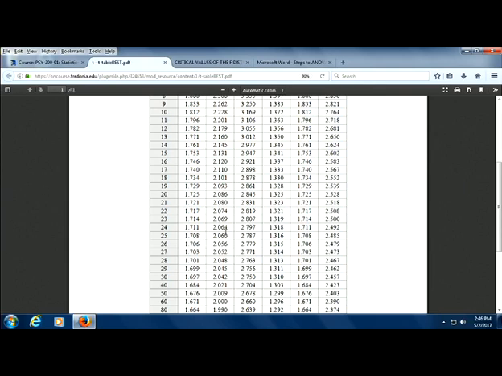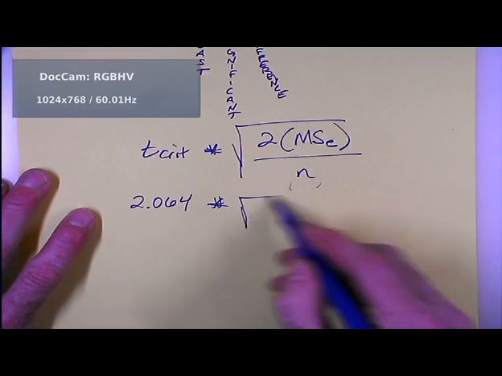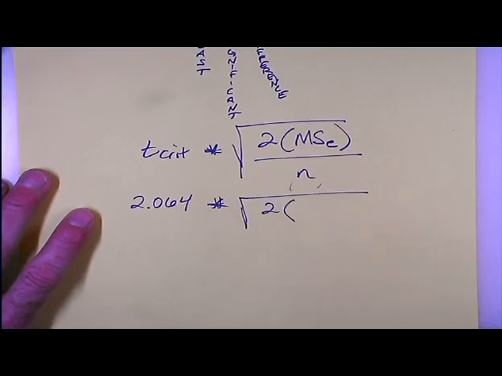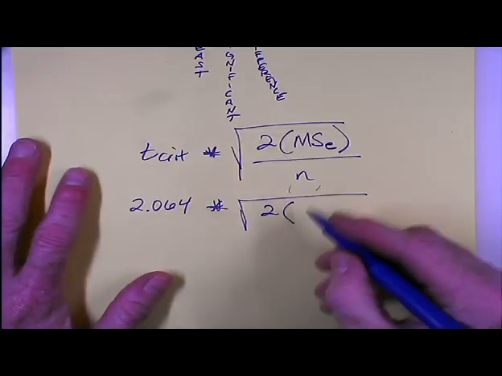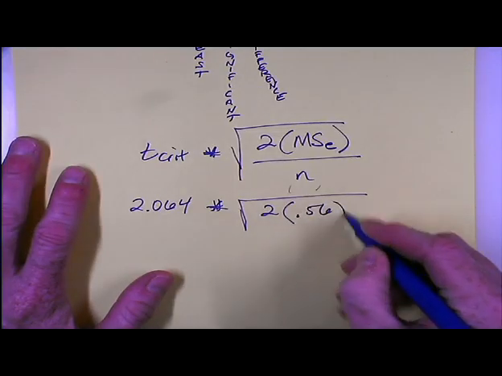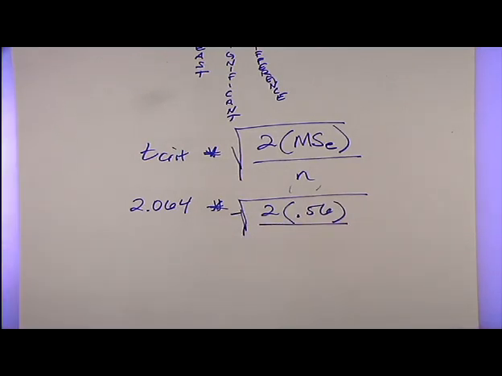Okay. And we're going to go 2 times our mean square error term, and our mean square error term is 0.56. And our n is the number of rats in each condition, so it's going to be 7.